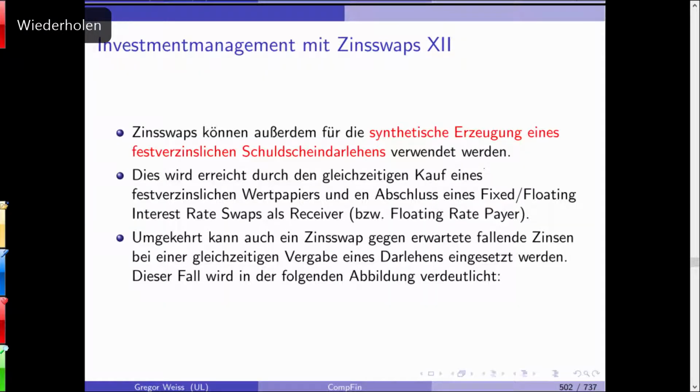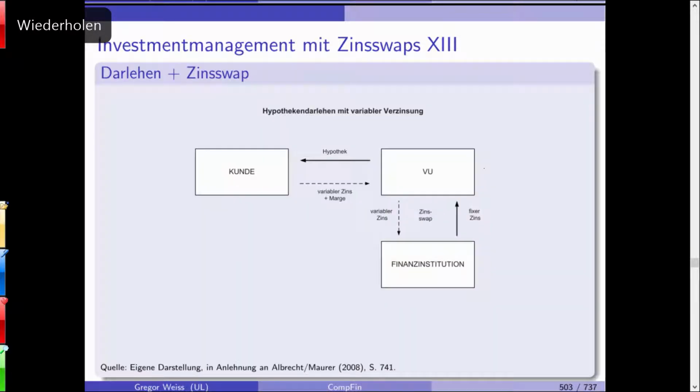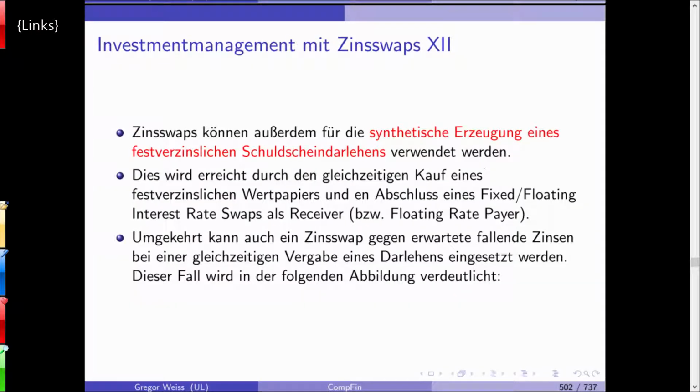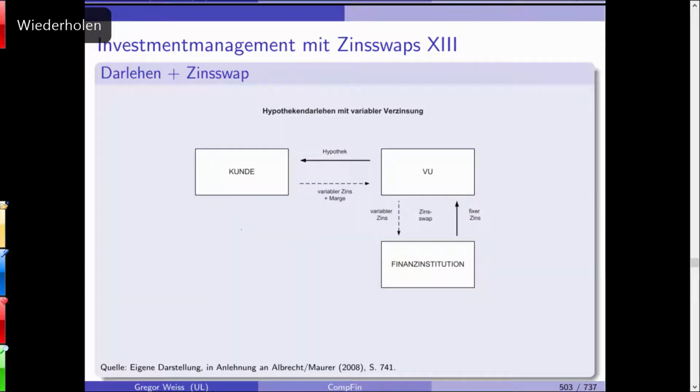Okay, so these are interest rate swaps, and you can also synthetically construct a bond. You can combine a fixed income product with a fixed floating rate swap as a receiver. You can also construct an interest rate swap, and this is shown here now with an insurance company. For example, the insurance company has a loan given out to a customer.